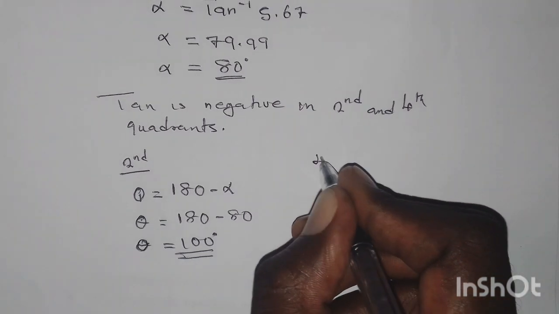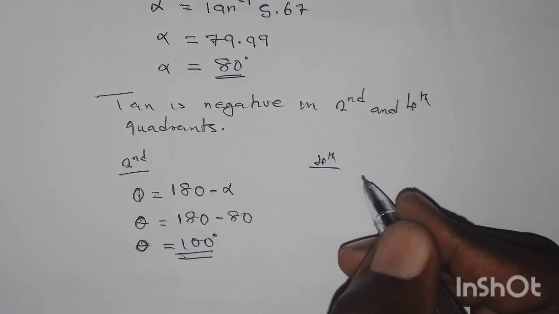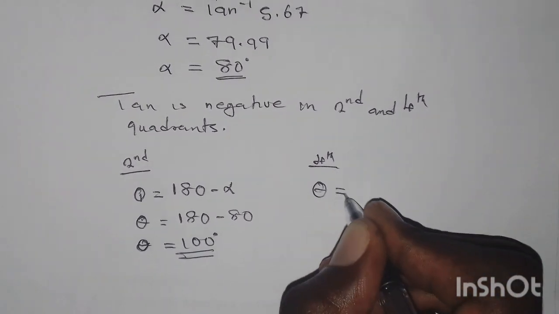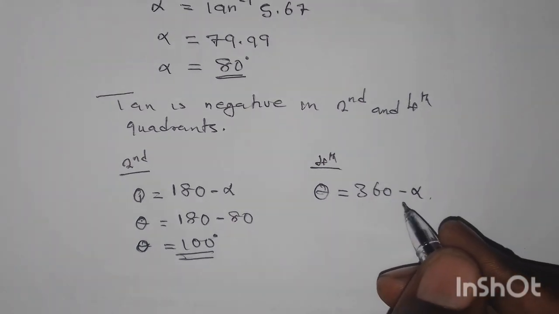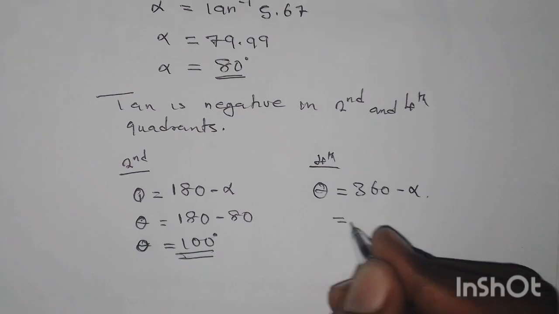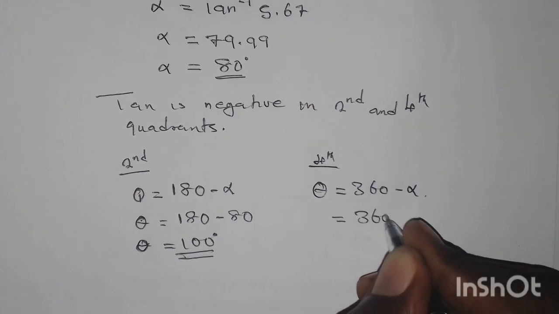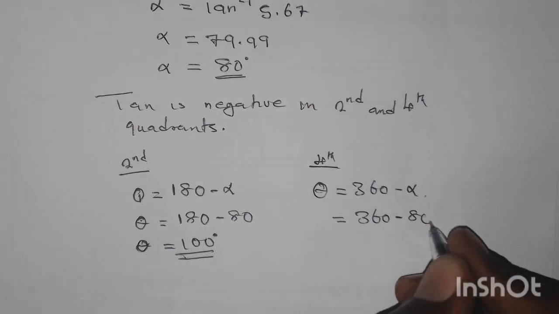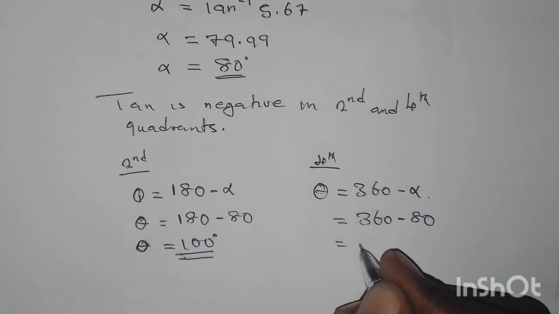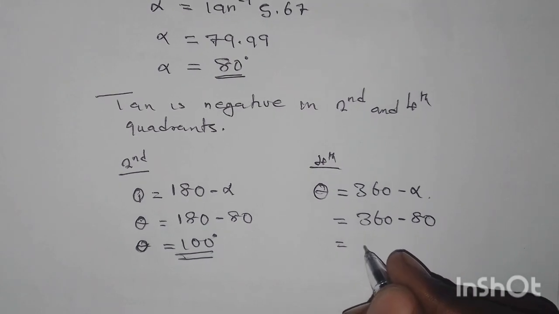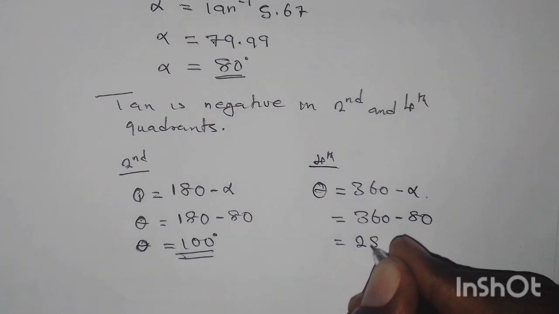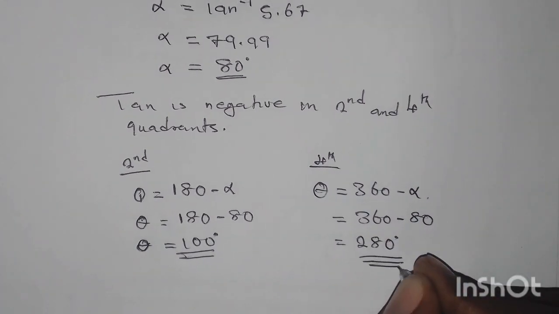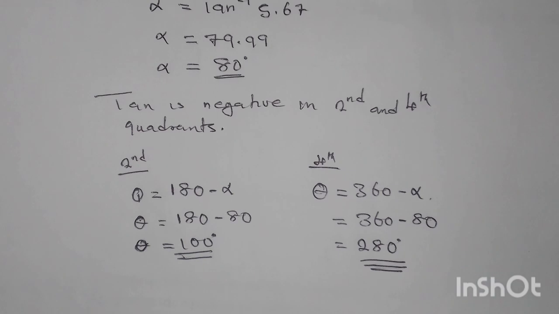Then in the fourth quadrant, theta will be equal to 360 minus the reference angle, which is 80. So therefore our theta here will be 280 degrees. So these are our possible answers for the two quadrants.